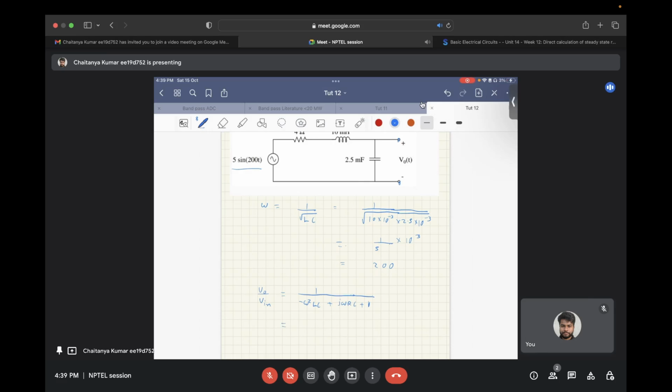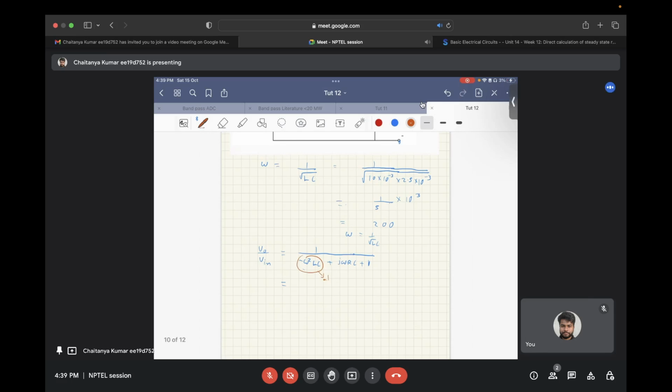And since the input omega is equal to 1 upon root LC, this term would have gone to minus 1. So this minus 1 and 1 will be cancelled. So at the end, what you have only over here is 1 upon j omega RC.